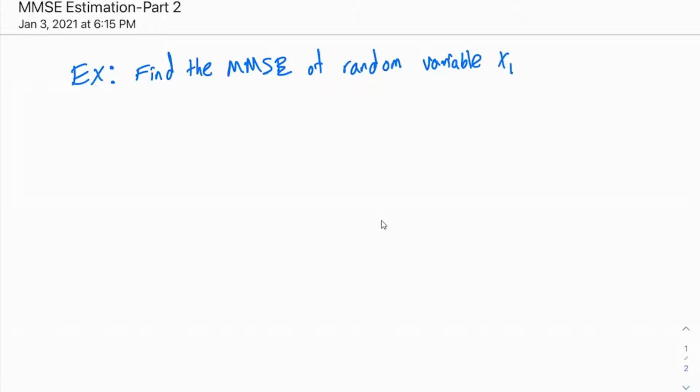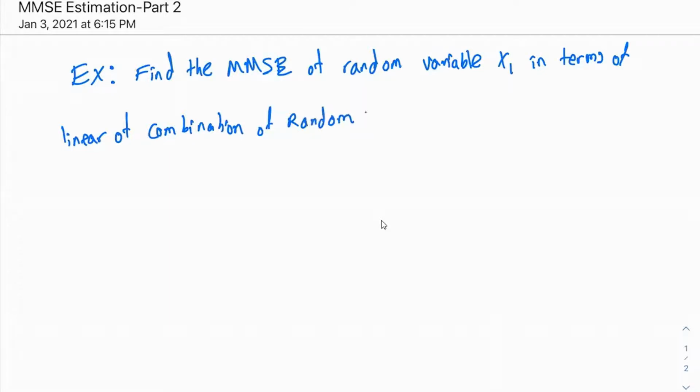Find the MMSE of random variable x1 in terms of a linear combination of random variables x2 and x3. Okay, great. So that's the question. You would like to find the MMSE of random variable x1 in terms of a linear combination of x2 and x3. So let's follow the steps that I outlined in the last video.